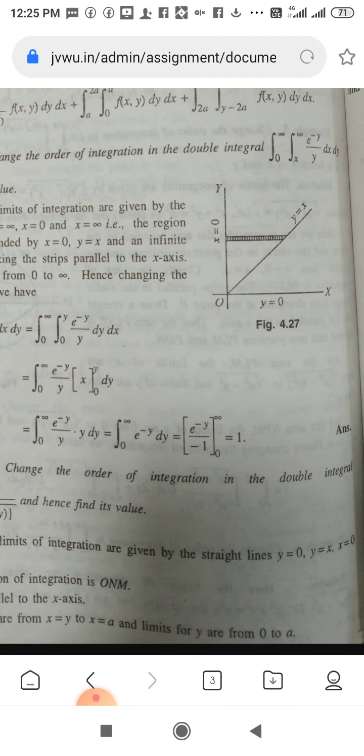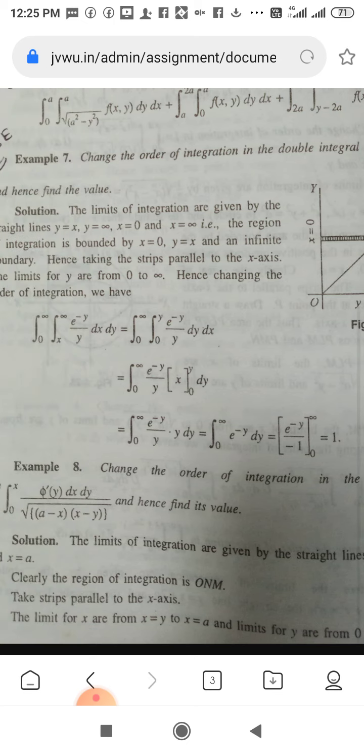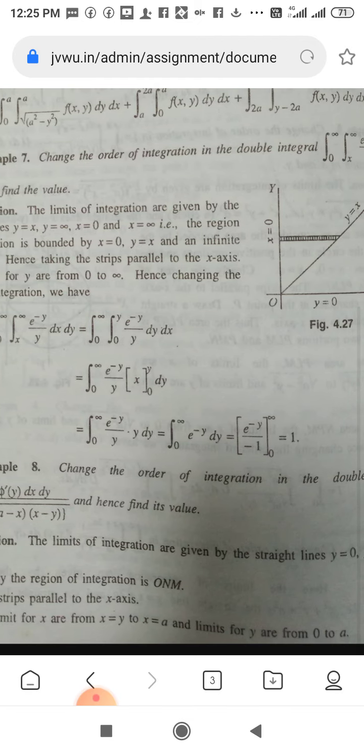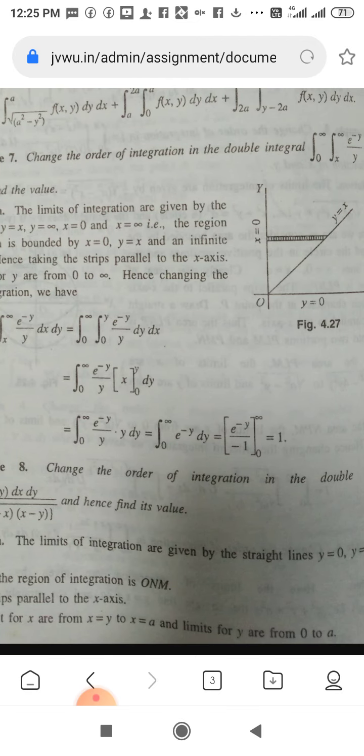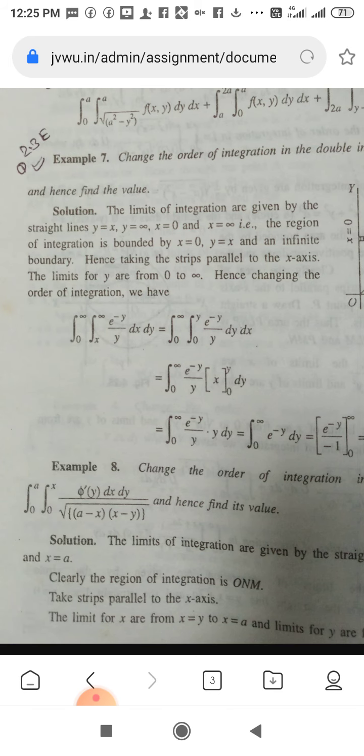First of all, taking the strip parallel to the x-axis, this strip varies from y is equal to 0 to y is equal to infinite. Parallel to the x-axis, the limit of y is from 0 to infinite.